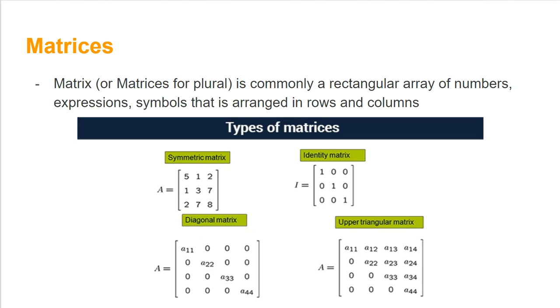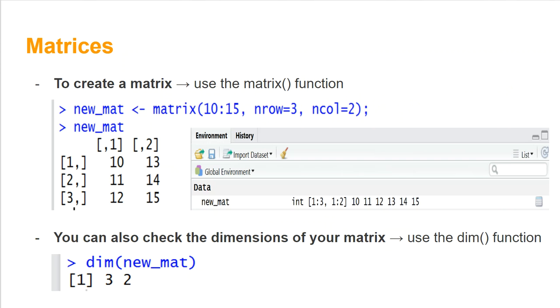Of course, these are not all of it, and there are various other types of matrices. To create a matrix, we use the matrix function. For example, we assign to a new matrix, calling upon the matrix function and place values 10 to 15, and then a comma, followed by the desired amount of rows. Here we have 3 and the desired amount of columns listed here is 2.